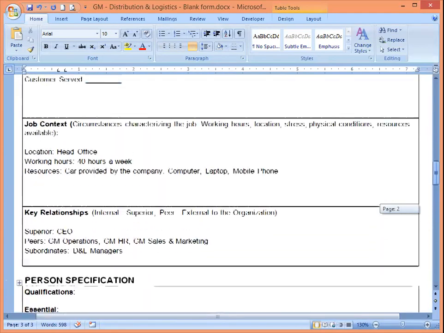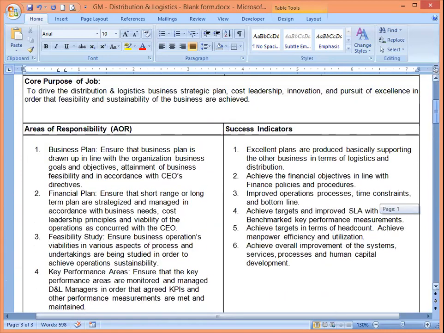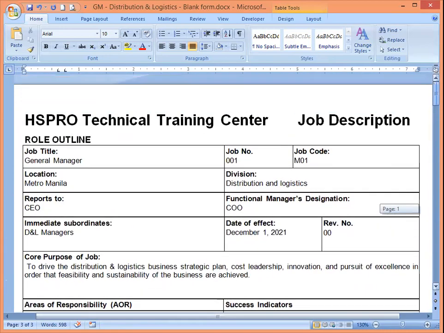Okay, I think you already have it. You just review this and try to get ideas from this draft, and maybe you can also do other job descriptions. Me, I've had more than 20 years in human resource, as part of my experience, as a training manager and as a health and safety manager.